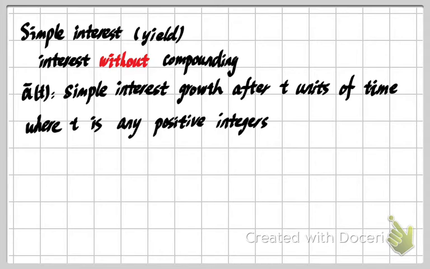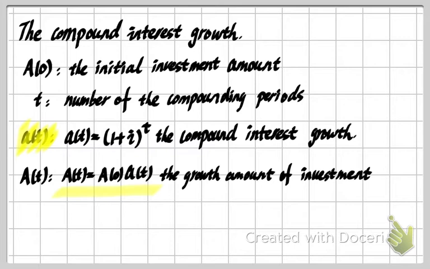Okay, so then we want to know, what is the formula for this simple interest growth? For compound interest growth, we know this is (1 plus i) to the power t. And in our previous video, we explained why the compound interest growth looks like this. If you haven't looked at the video about compounding periods and the annual effective interest rate, I strongly recommend you click the link for that one.